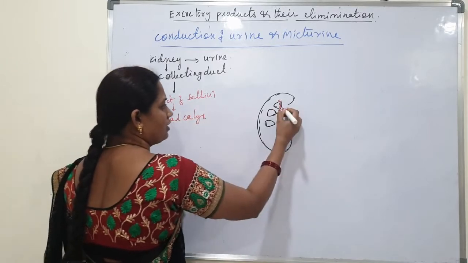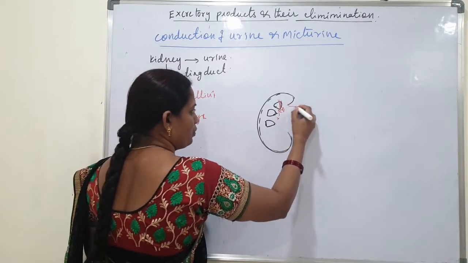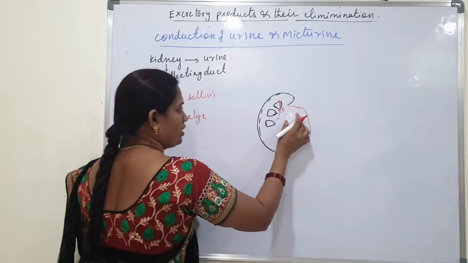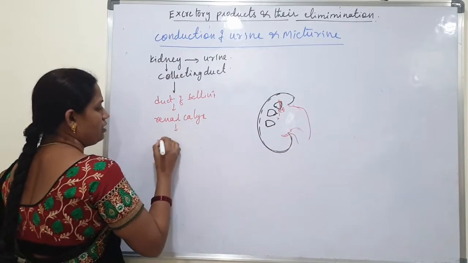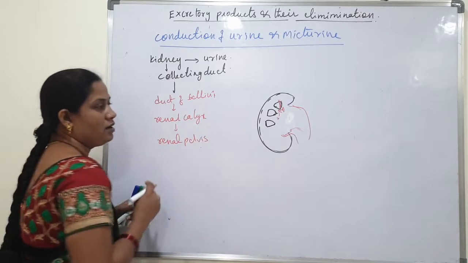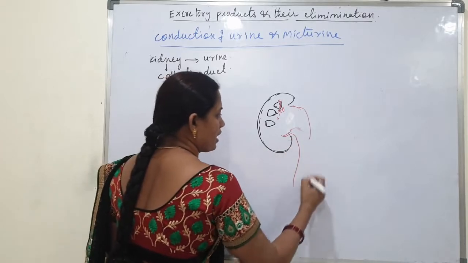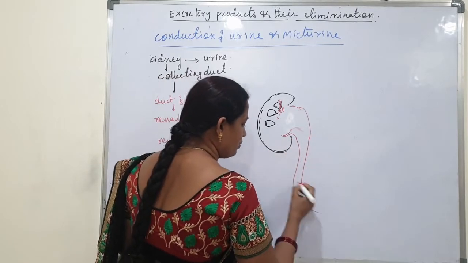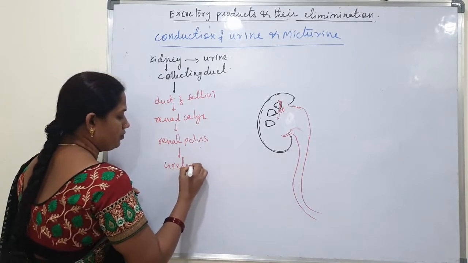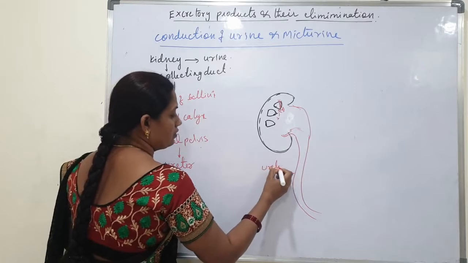All renal calyces open into a wide portion called the renal pelvis. Then the renal pelvis continues as a tube-like structure called the ureter. This one is the ureter.